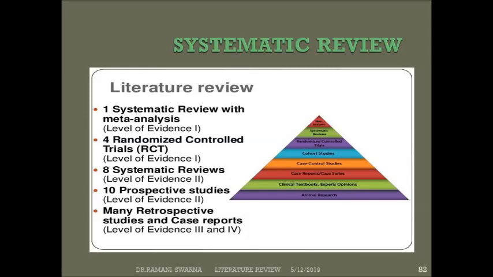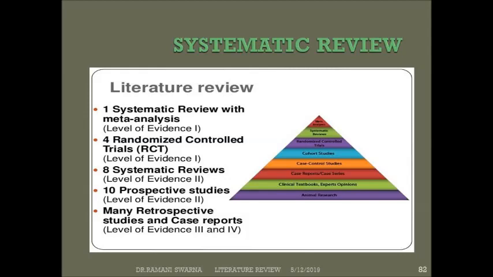I'm going to start off again from the end. Many retrospective studies and case reports, we need to take care of that. Then 10 prospective studies, this is how we need to carry forward. Many, there is no end, you can include as much as you want, and that's why they have used the word many. The next level, level of evidence 3, 10 prospective studies should be there. The next level, level 2, 8 systematic reviews.